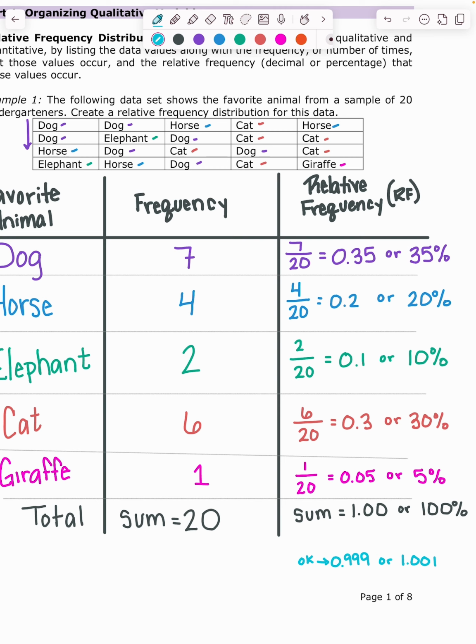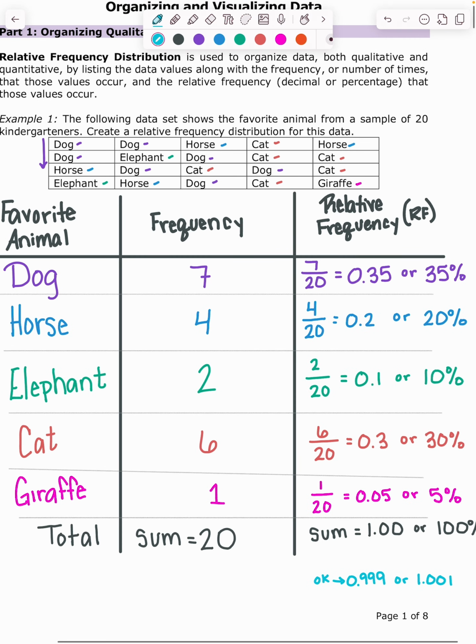We didn't have to really worry about rounding here because all of our denominators were 20. We will have an example later where our denominator is not 20, and so we can talk about some of the rounding intricacies that we have to deal with. This was just a quick example to show you guys what a relative frequency distribution is and how we want to work through it with qualitative data.